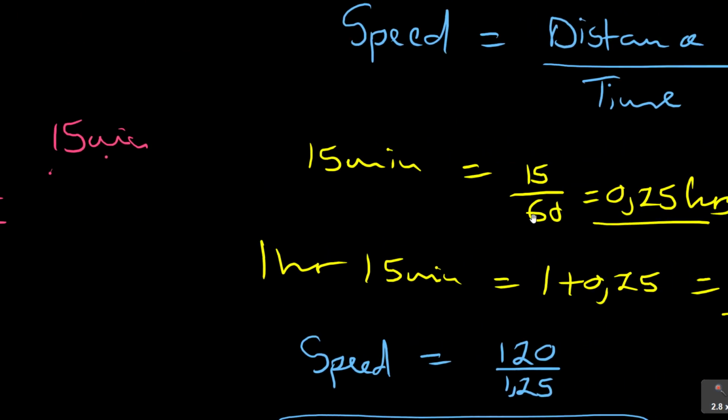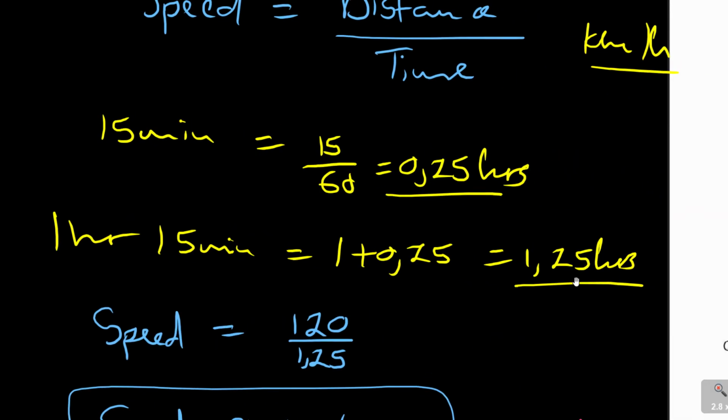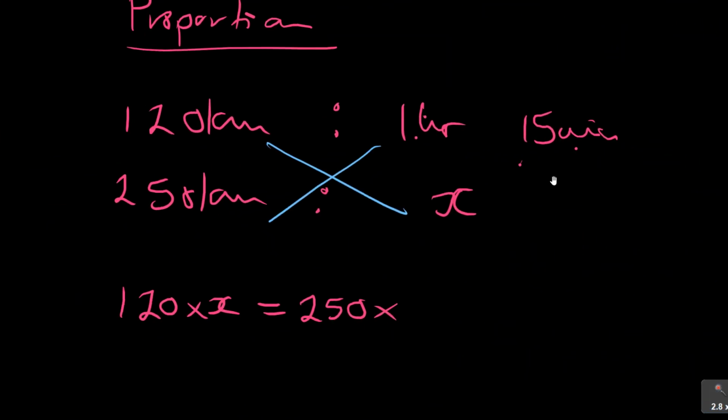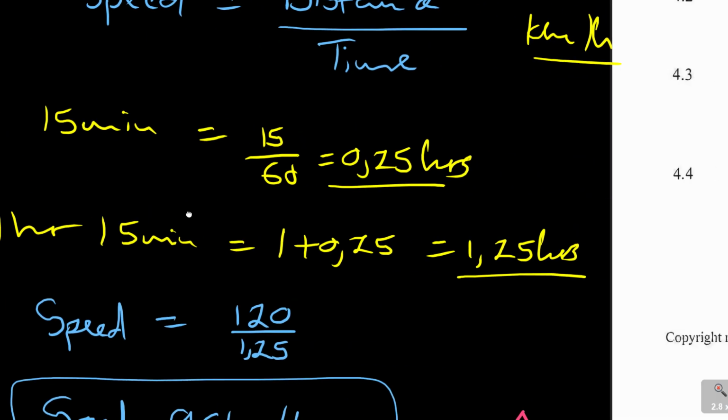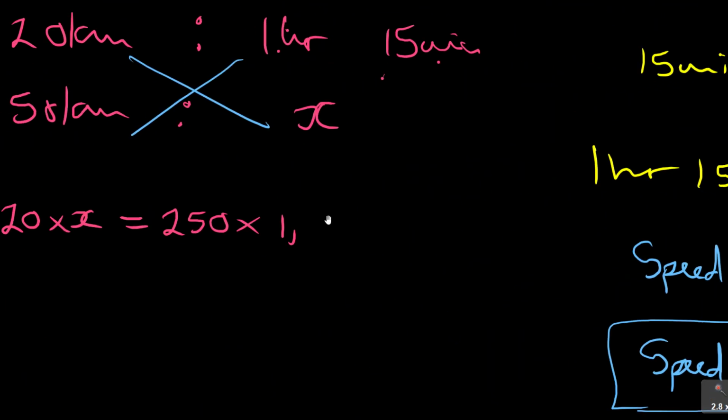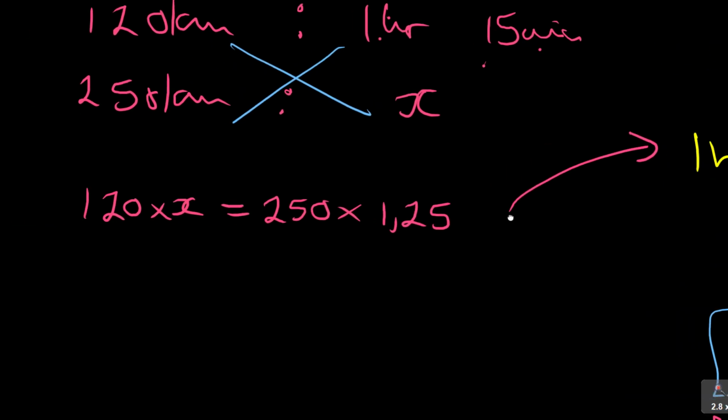We already said 15 minutes is 0.25, so this is the same as 1.25 hours. So 120 times X is equal to 250 times 1.25. That conversion there is important. You can't avoid that stage.